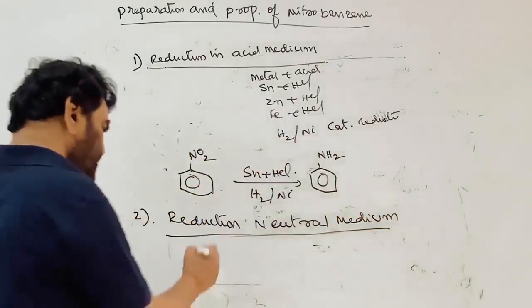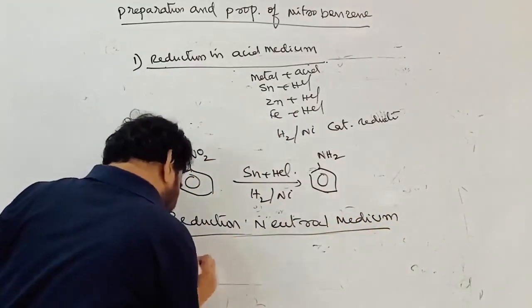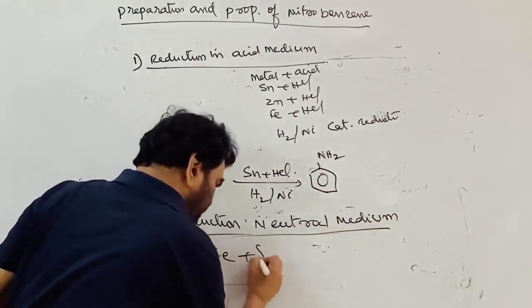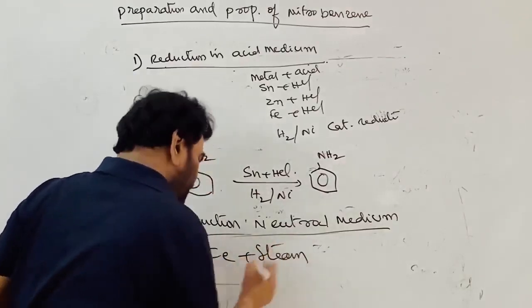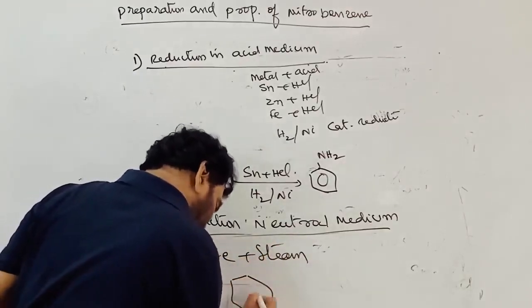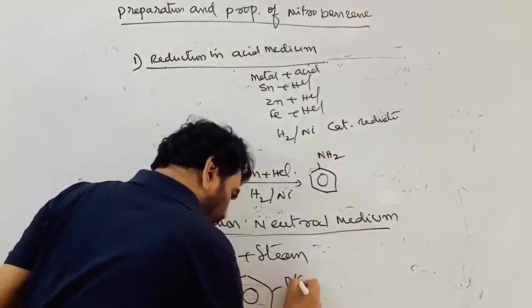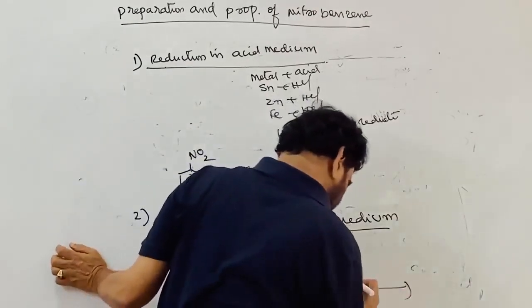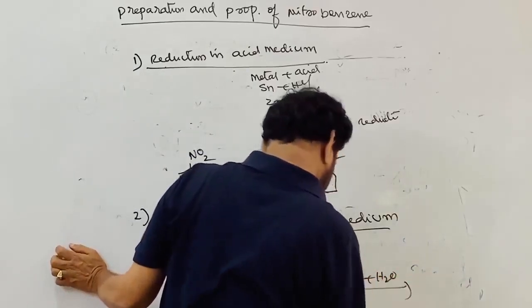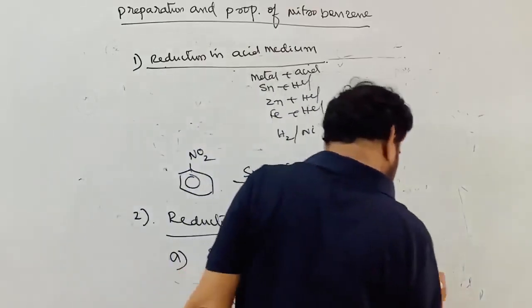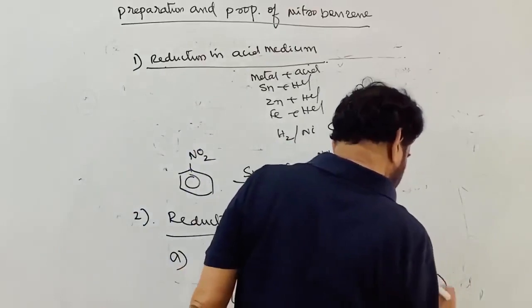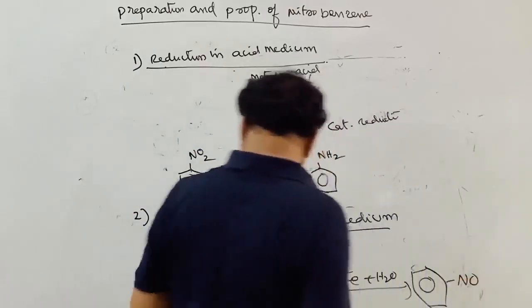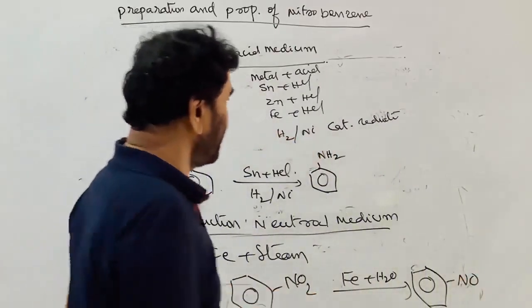Here, A is iron plus steam. If you use iron powder and steam, it is reduced exclusively to nitrosobenzene. Same list I am writing again here.